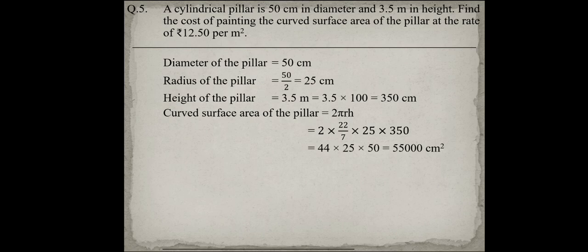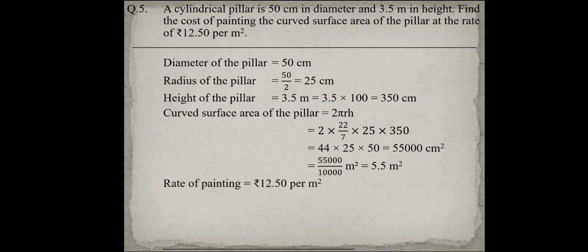Again, the rate of the painting is 12.50 per meter square, but here we found this area in centimeter. So convert this centimeter square into meter square, again divide by 10,000. So now the curved surface area of this pillar is 5.5 meter square. Now multiply this area by the rate of painting.